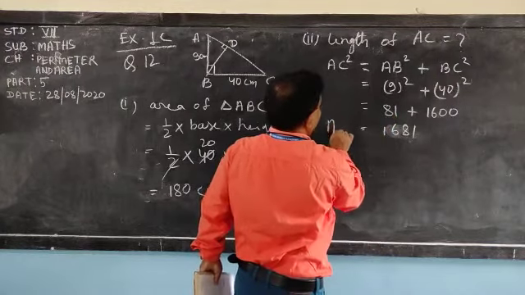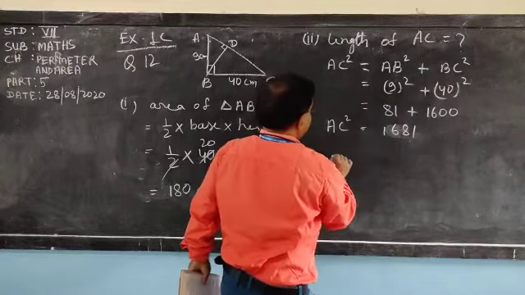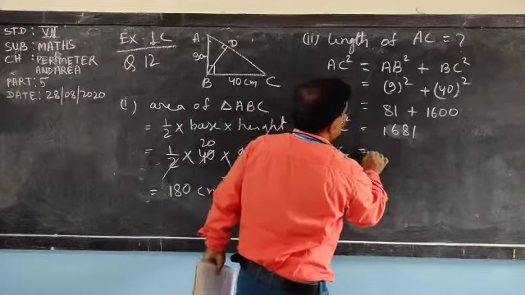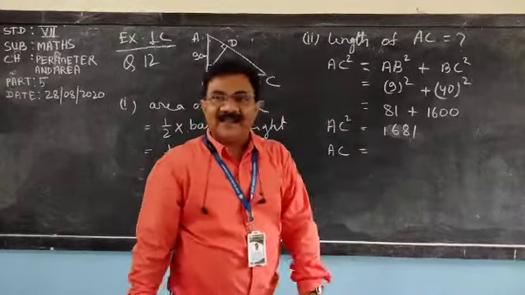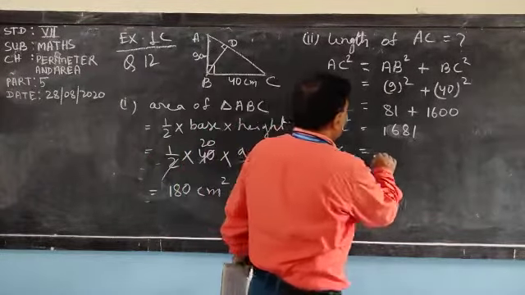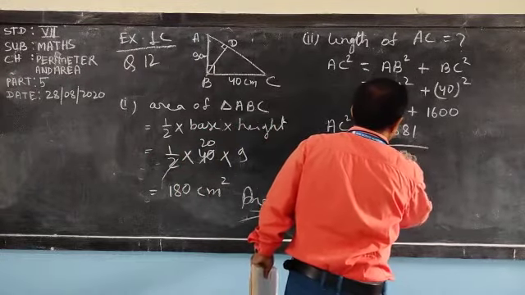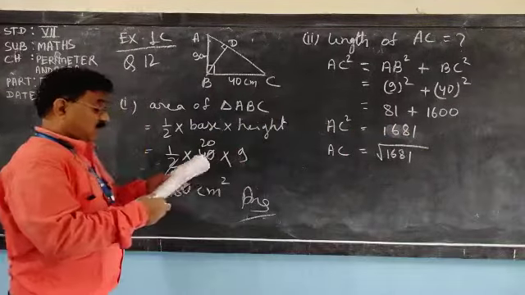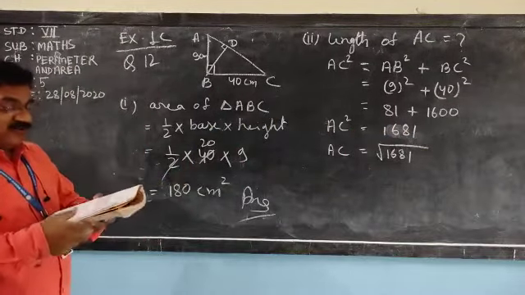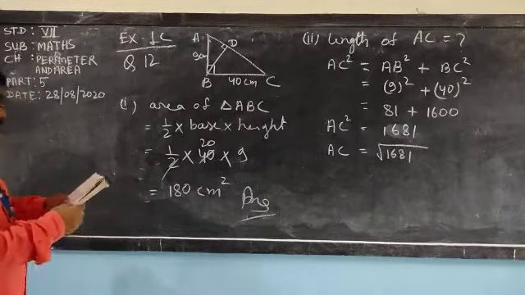AC square is equal to 1681, and AC is equal to, if we remove the square from here, the square root of 1681. Now, what I have told you, find the prime factorization of 1681.